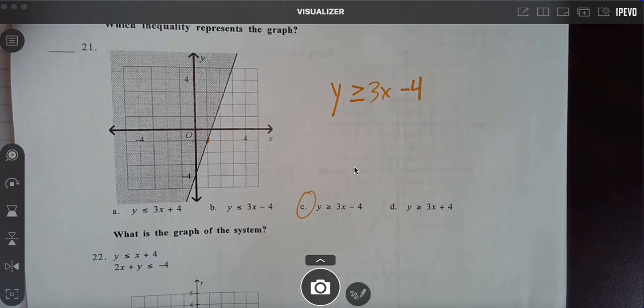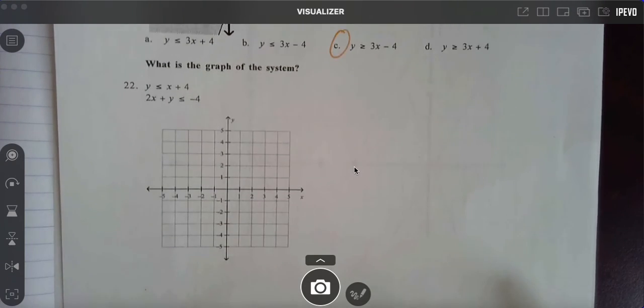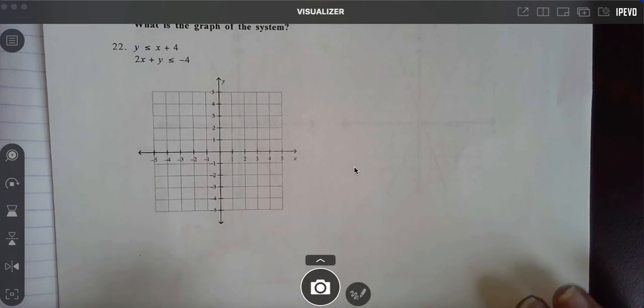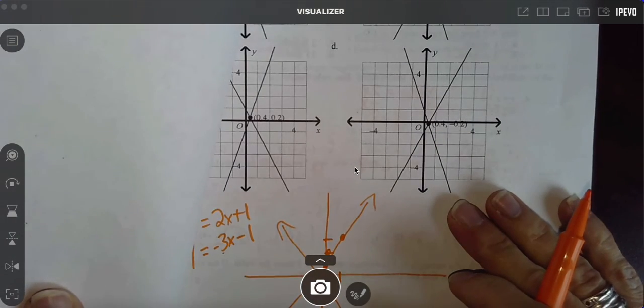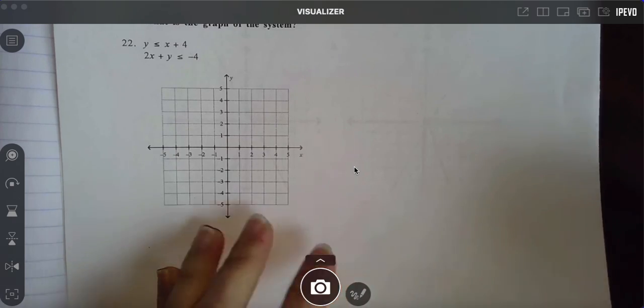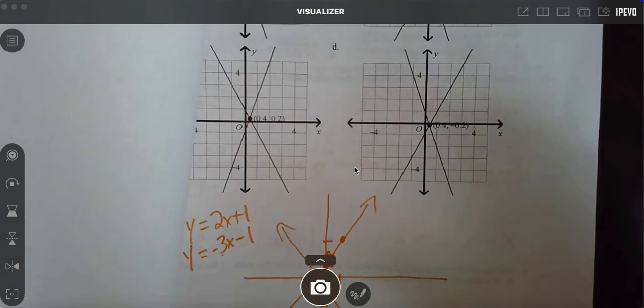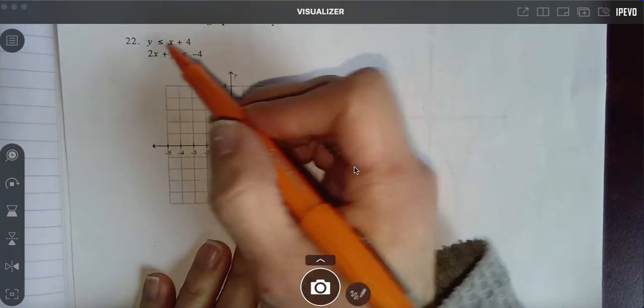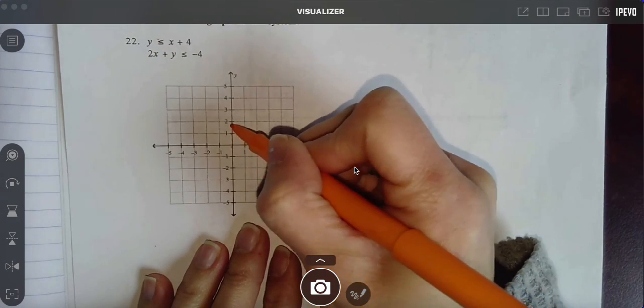And then do I need to do this last one? I'll go ahead really quick. Isn't this the last one? Did you want me to do 22 or 23? It doesn't matter. 22, 23, they're both already set equal to y, right? Yes. So, 22, I'll graph this one. I'm up 4. 1, 2, 3, 4.